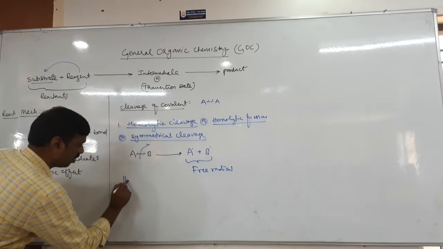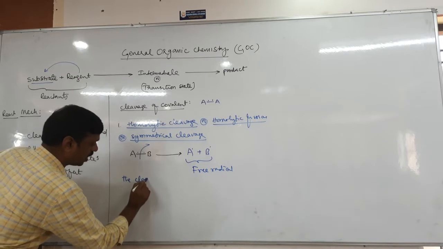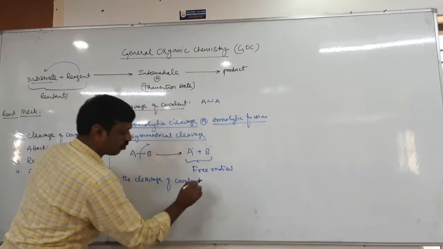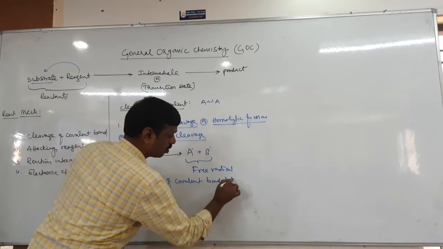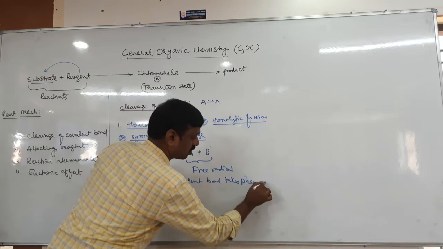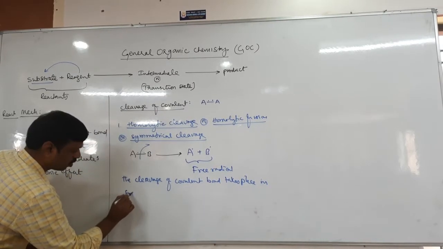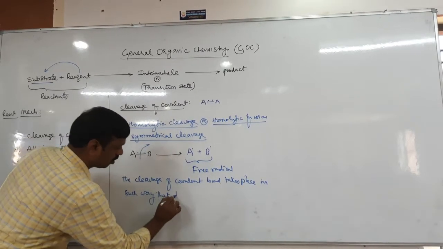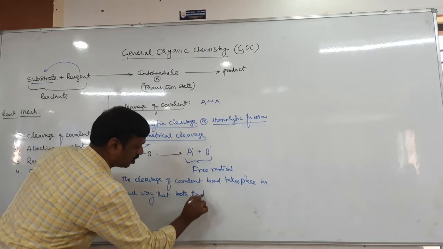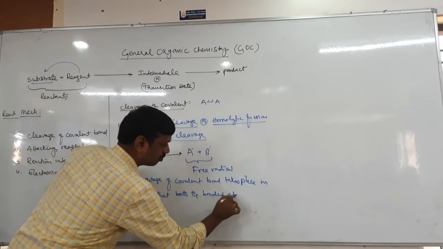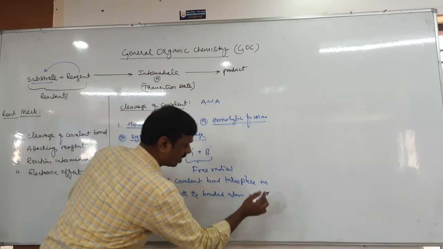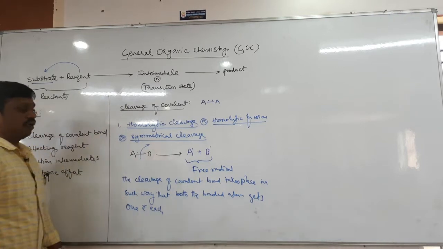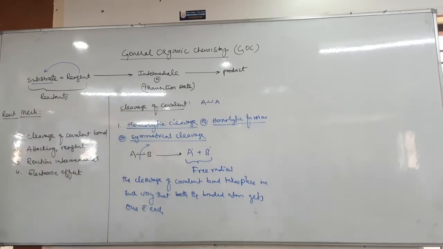So therefore, the definition is: the cleavage of covalent bond takes place in such a way that both the bonded atoms get one electron each.